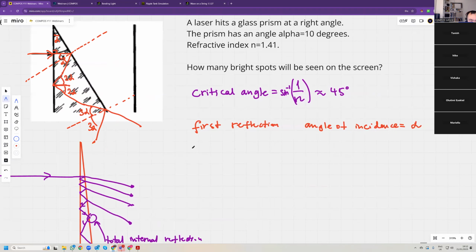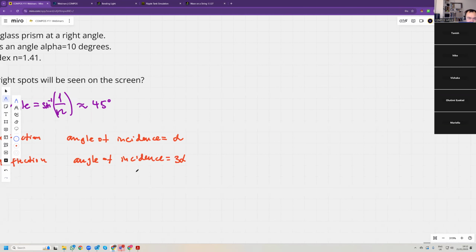So first reflection, second reflection. The angle of incidence is 3 alpha. And I think it adds 2 alpha for each consecutive one. It's either 1 alpha or 2 alpha. Let me just double check.